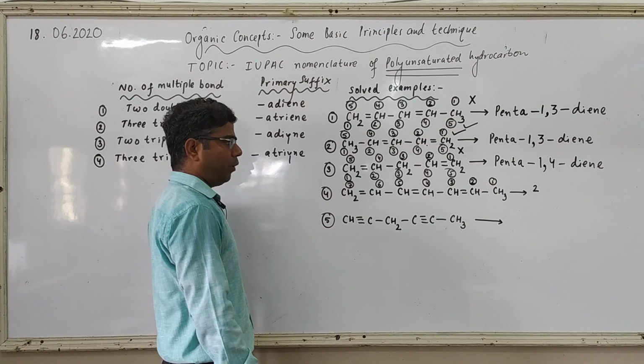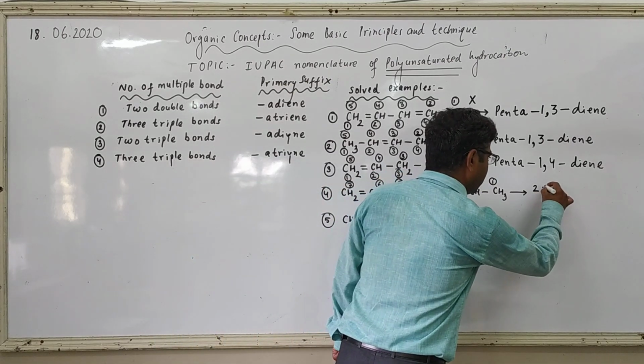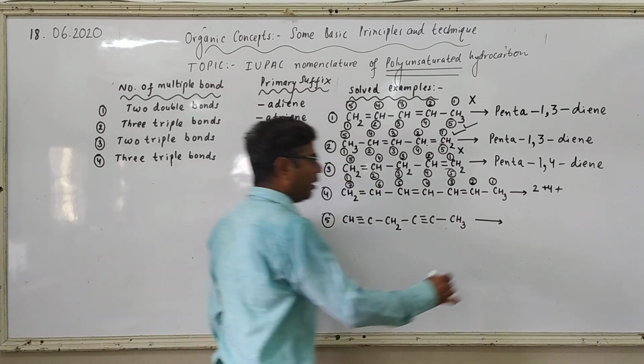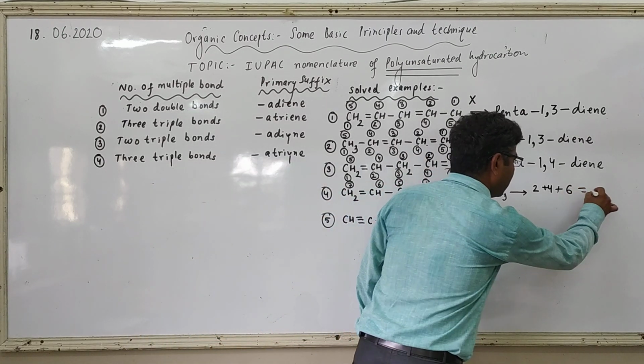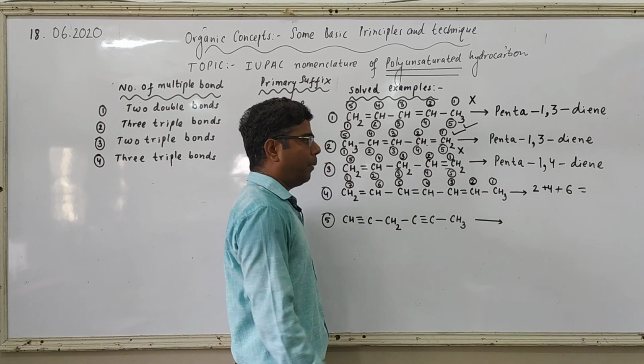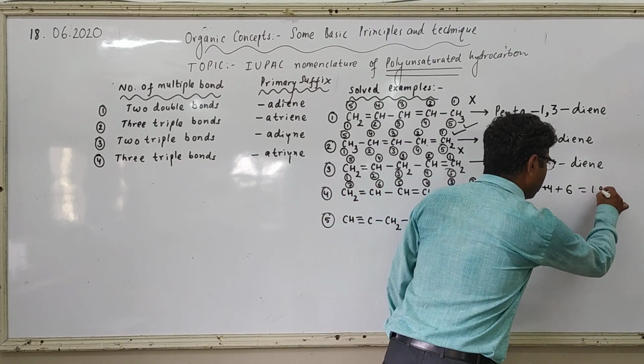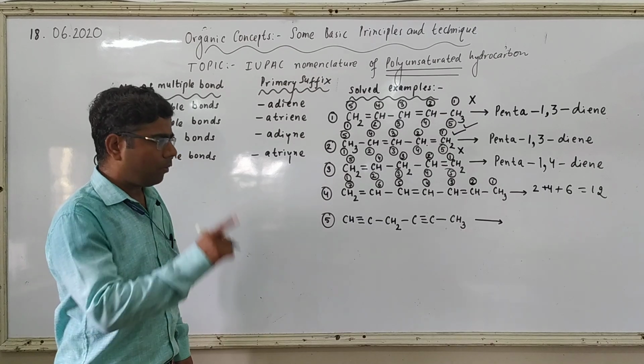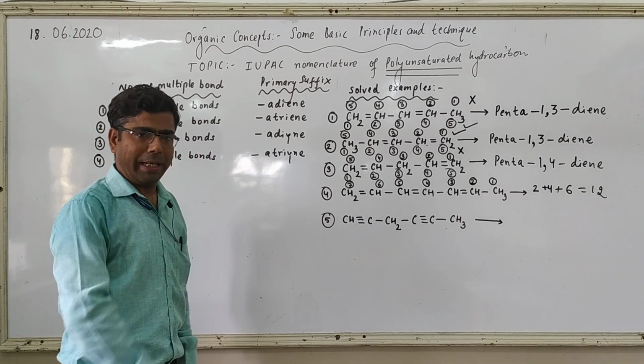Second double bond between 4 and 5, use position 4. Plus third double bond between 6 and 7, use position 6. Now 6 plus 4, 10, 10 plus 2 equals 12. So the sum of the position of the double bond from right hand side is 12.